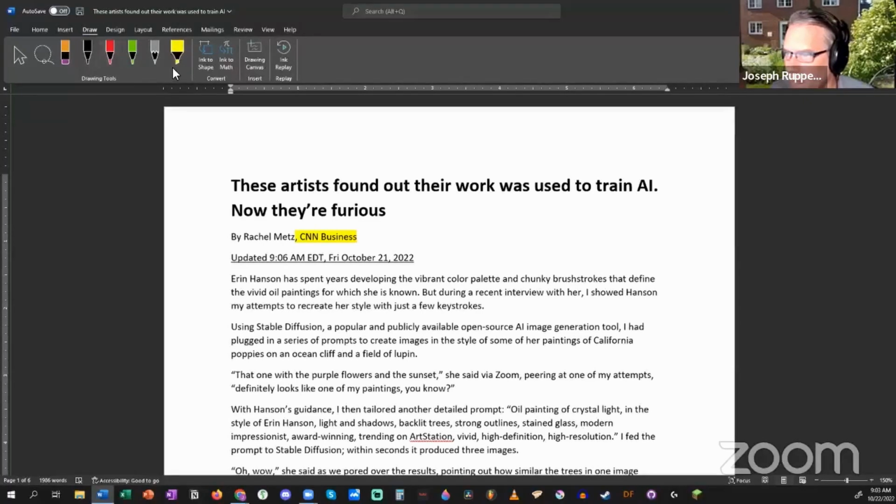So let's talk about this. As before, we're just going to start with the title. And remember that the goal here isn't just to read through the article from beginning to end, but to quickly get a sense of the general idea and make guesses about what we think we're going to learn.